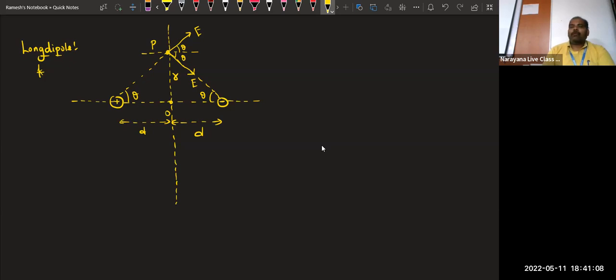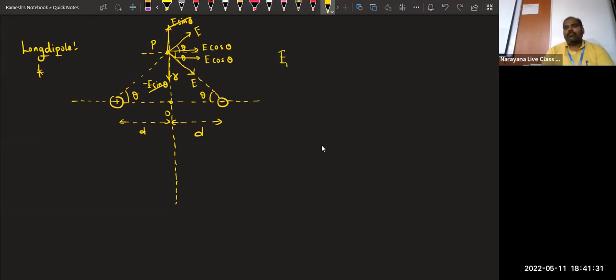Every electric field can be divided into components: E cosine theta and E sin theta on one side, and on the downside E cosine theta and minus E sin theta. So plus E sin theta and minus E sin theta cancel out.